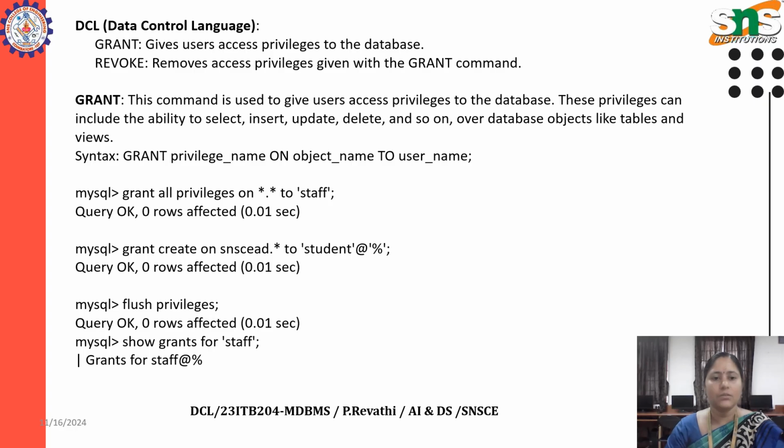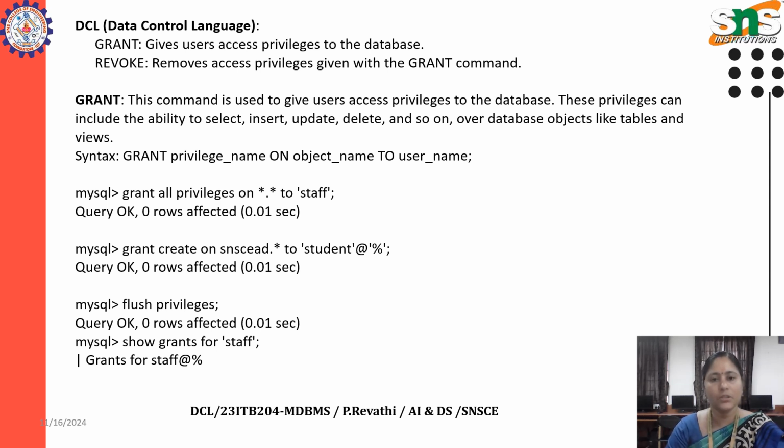Syntax for the grant command: grant privilege name on object name to username. Here we are selecting two users, that is staff and student. For the staff, we are giving all privileges using grant command. Grant all privileges on *.* to staff. Here one more user, that is student.